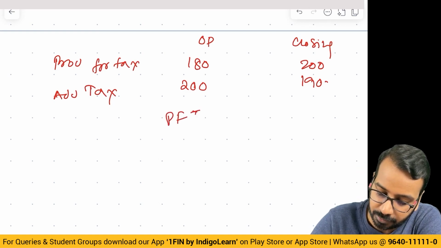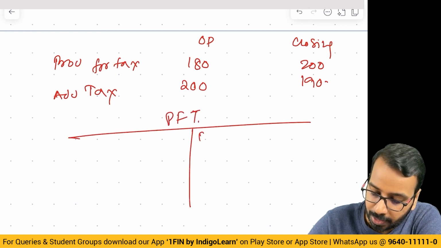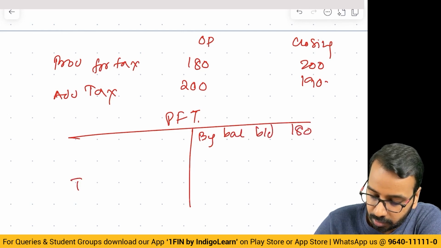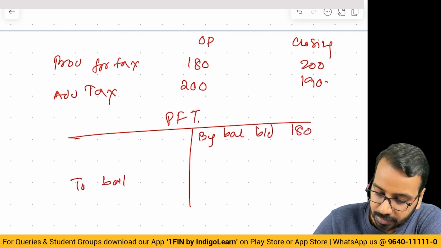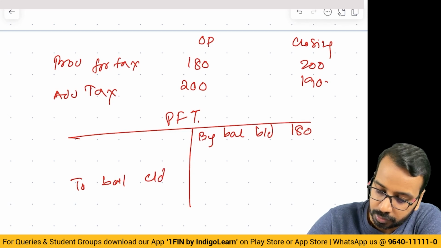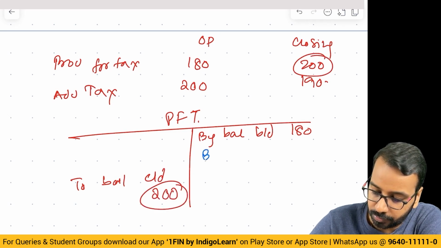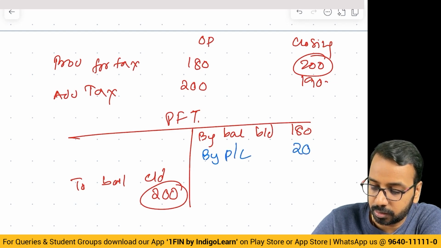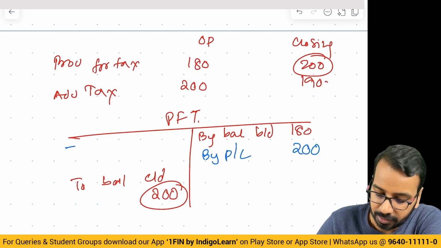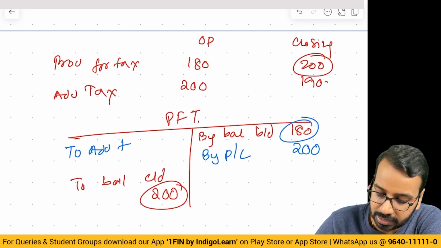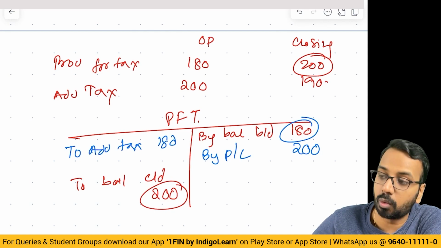Provision for taxation, you have by balance brought down 180 to balance carried down 200. This 200 comes from P&L, so you will say by P&L 200, and to close this at 180 to advance tax 180.